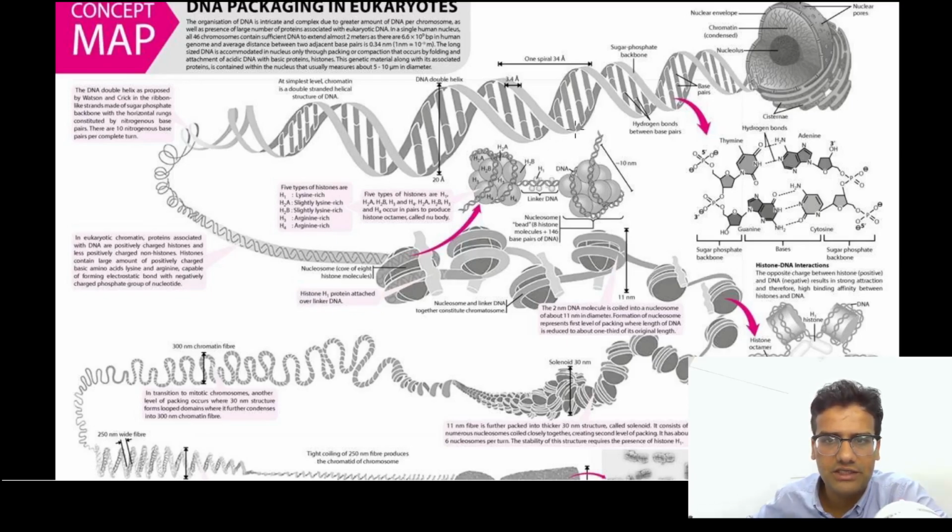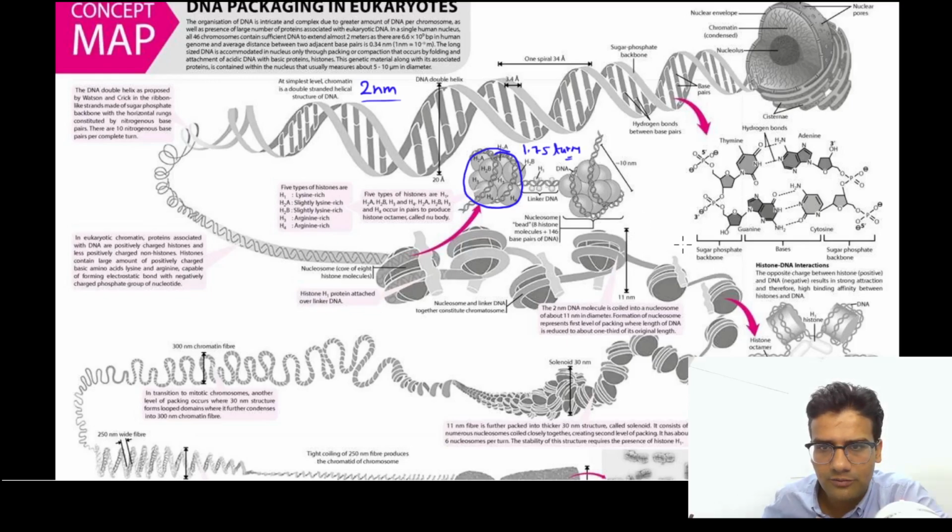This is the double helical structure of the DNA, which is called 2 nanometer fiber. This 2 nanometer fiber curves around the histone protein. This is the histone octamer body, and this histone body surrounds the DNA around itself, and there are 1.75 turns of DNA around this histone protein.